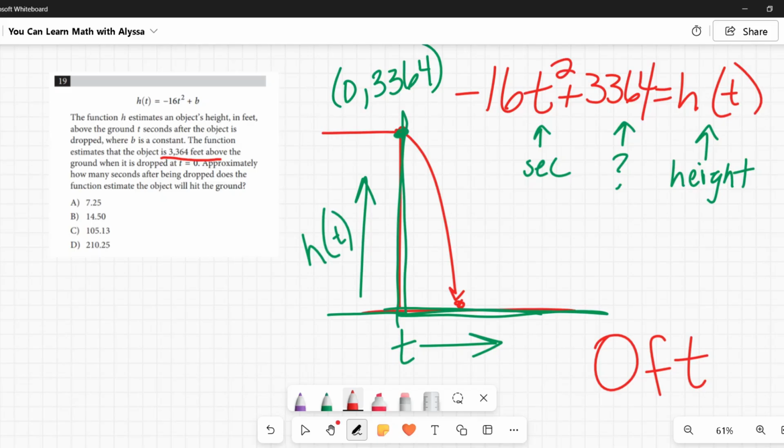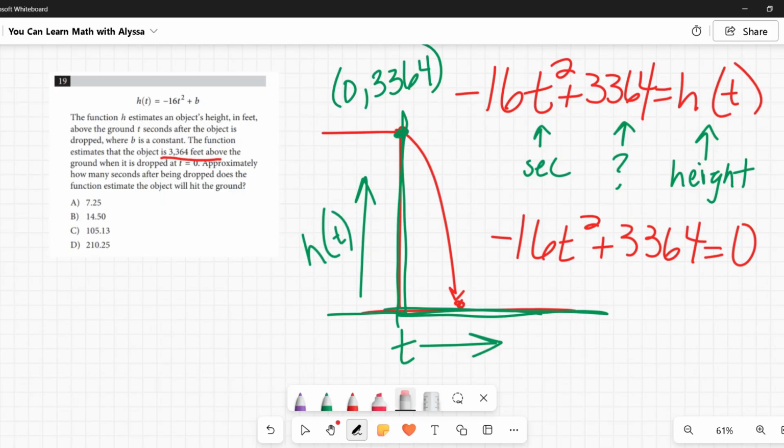So now I've got my b, and I know that height, h of t, is 0. And they're wanting to know how many seconds after being dropped, so now I just need to solve for t. You can do this by looking at the graph of this and seeing where it crosses the x-axis.